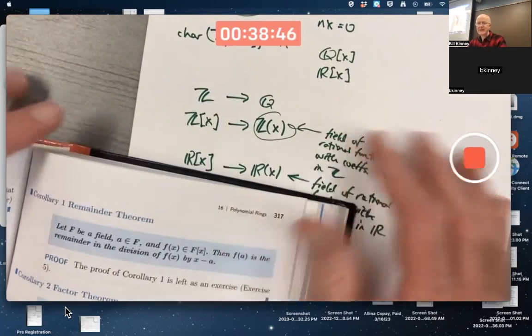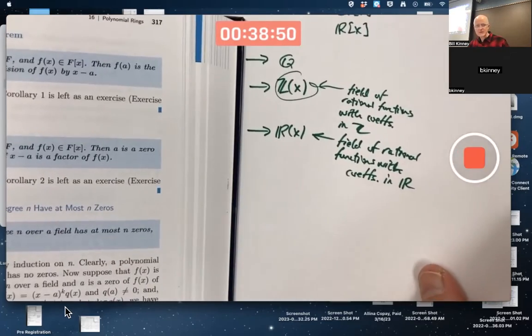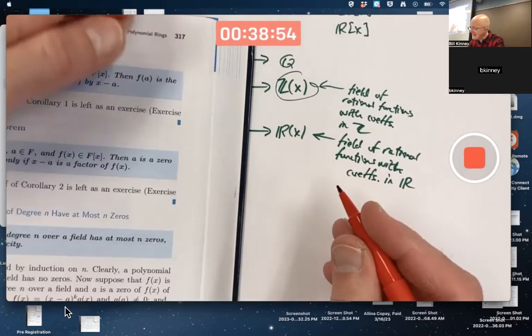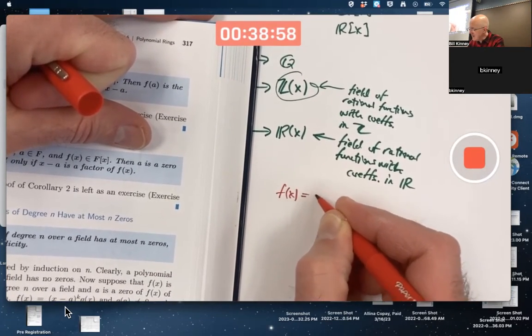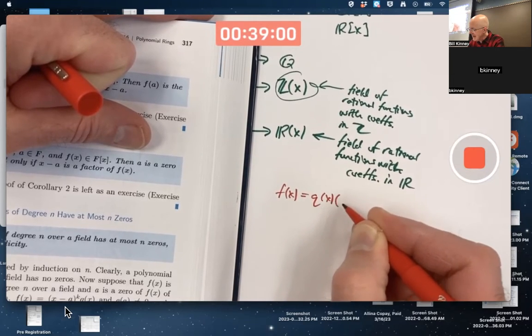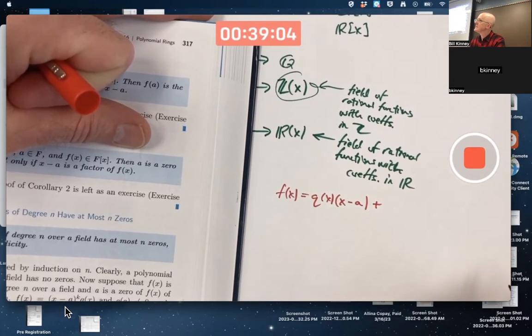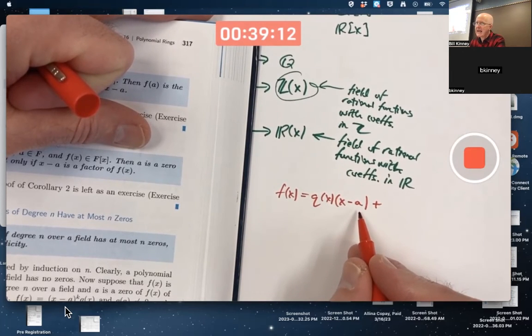Actually, we can briefly think about proving these things without actually writing the proofs. We're dividing F of X by X minus A. We've got to get a quotient Q of X and a remainder R of X that is either zero or has a degree less than what we're dividing by. We're dividing F of X by X minus A, which has degree 1.